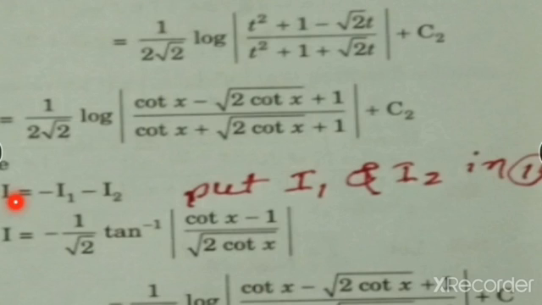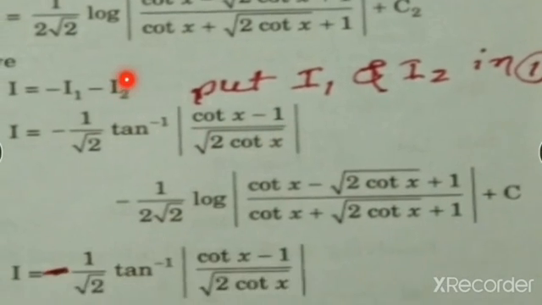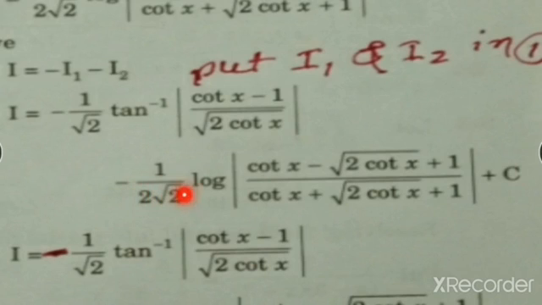Substituting in equation number 1, I is equal to minus I1 minus I2, substitute value of I1 and I2, minus this is value of I1, here this is value of I2 plus C. C is an arbitrary constant.